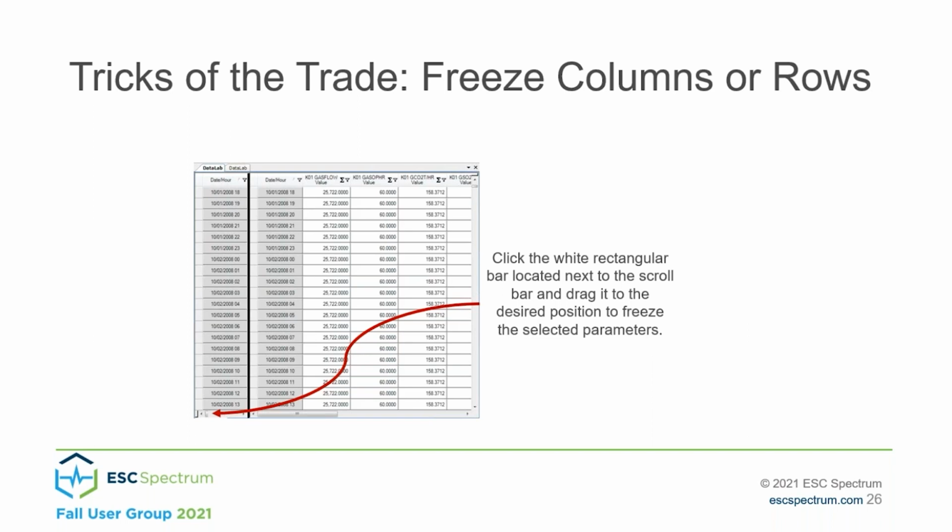It's going to freeze those selected parameters. The same thing will happen with the rows. Notice that on the top right, you'll have this rectangle available too, so you can actually freeze the rows or the headers if you want.